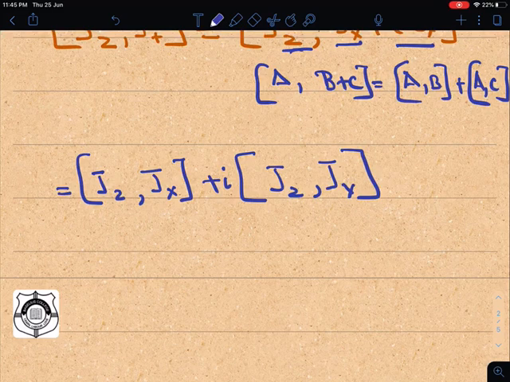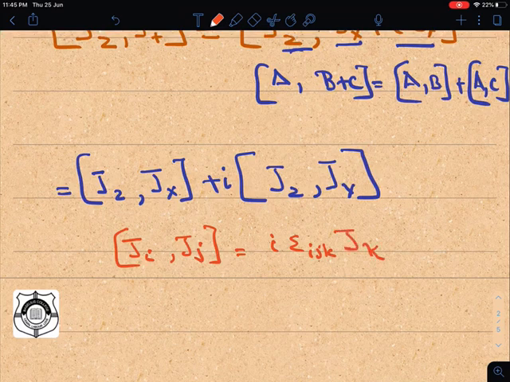Here you can see that Jz, Jx is an even permutation. The basic commutation relation, as I told earlier, is [Ji, Jj] = iħ epsilon ijk Jk. So here we have z and x, which is an even permutation, so epsilon ijk will be plus 1. This term becomes iħ Jy.